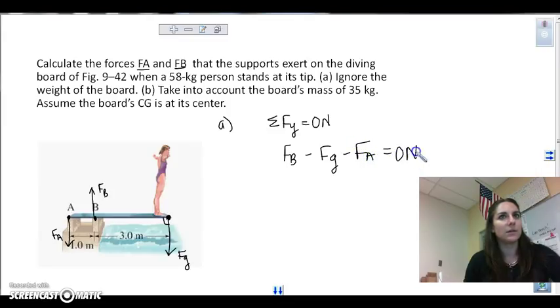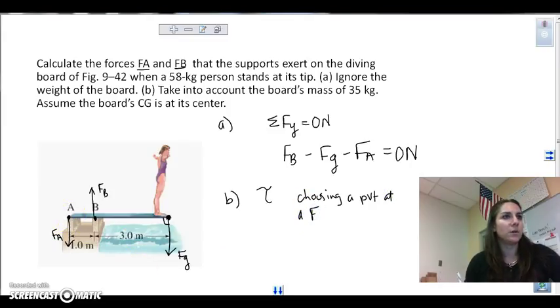You can see that I have FA and FB as unknowns, so two unknowns. But what we can do is use torque to eliminate one of these unknowns. I can eliminate an unknown by choosing a pivot at one of the forces.